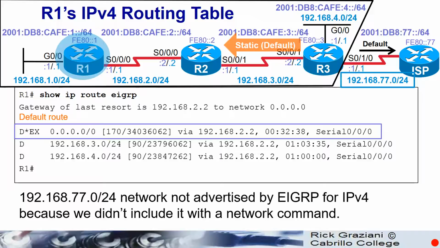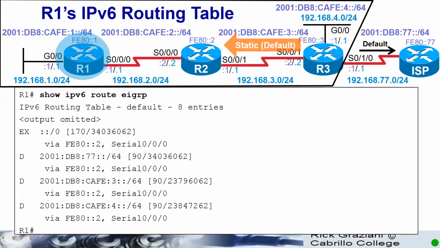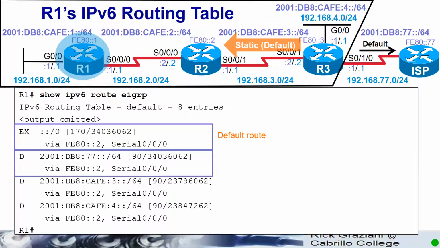You'll notice here that 192.168.77.0/24 is not advertised by EIGRP because we did not include that as a network statement. Again, here's how you do the appropriate IPv6 version of it. Again, the default route and the appropriate links.